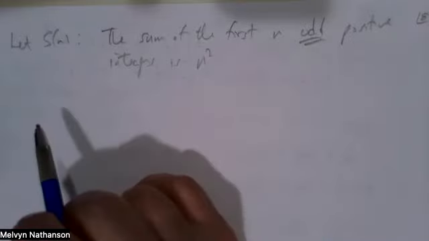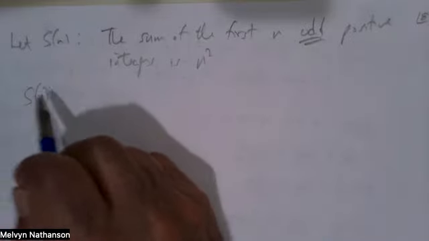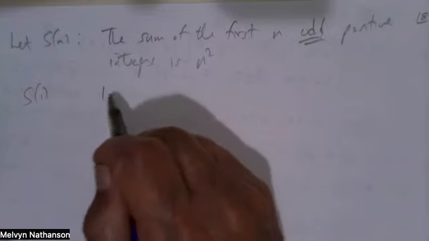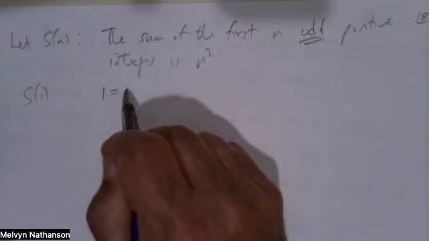Let's check the first few cases. What does S of 1 say? Well, the first odd positive integer is 1, and 1 is equal to 1 squared. So it's true.